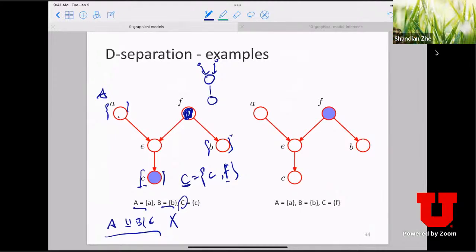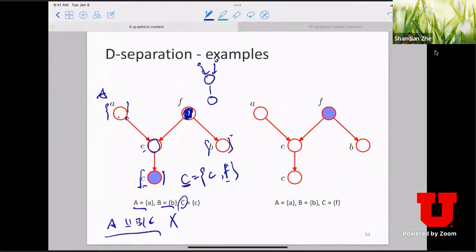It's not blocked. So as we mentioned, when the ball arrives at node E, E is the head-to-head structure, right? And we know that conditioning on any of its descendants, the two intermediate neighbors will not be conditionally independent. That means E cannot block the path.